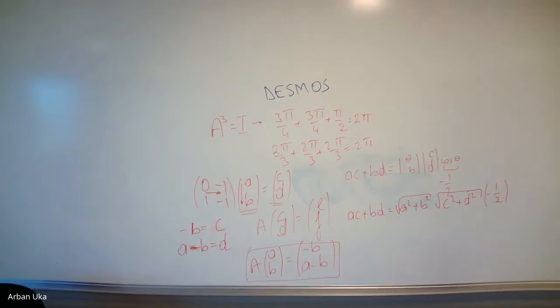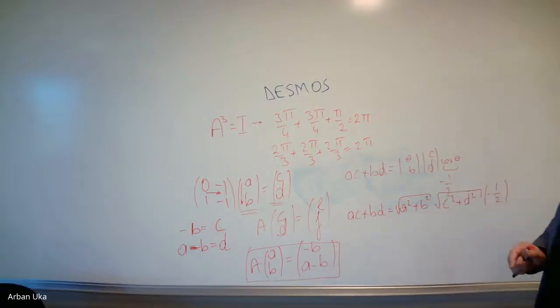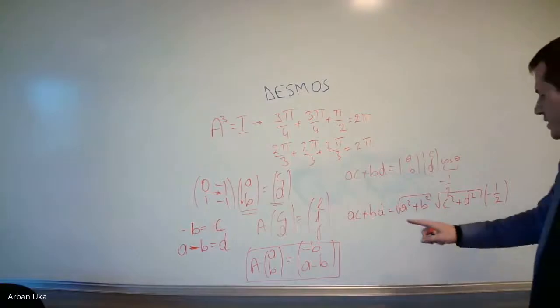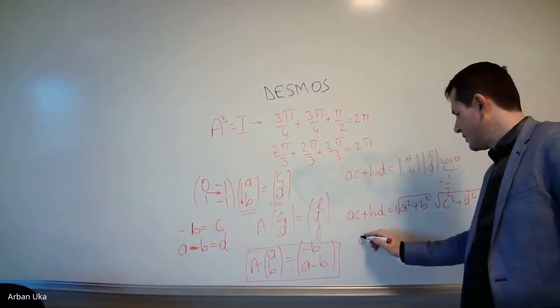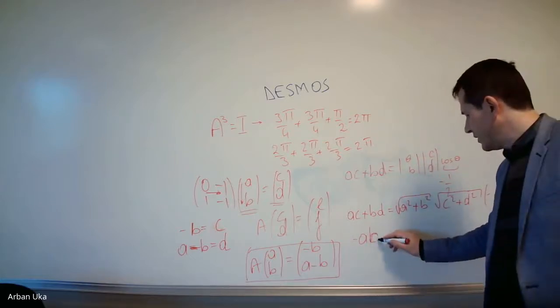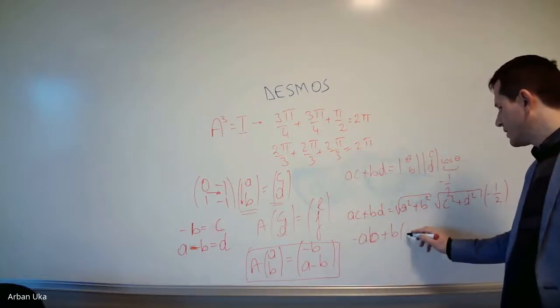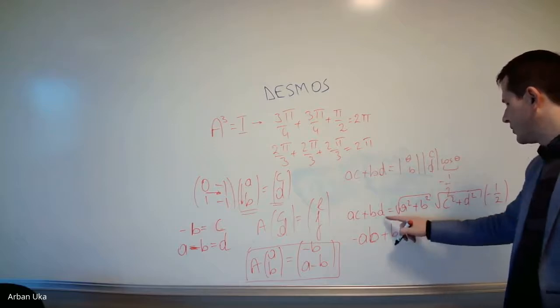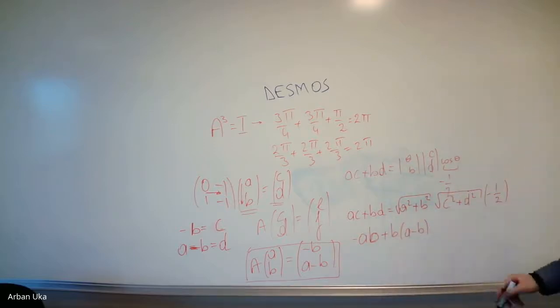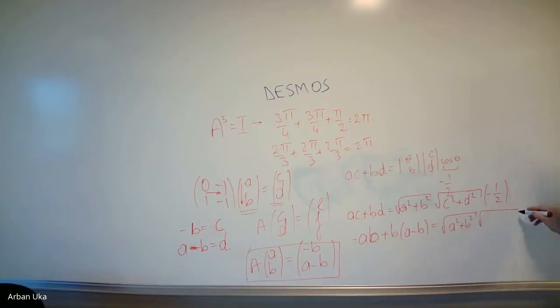But then here we can substitute for C and D, and we're going to have a single equation with two unknowns. So here we have A times C, which is minus AB, plus B times A minus B, because D we obtained from here. And this is equal to the square root of A squared plus B squared times the square root of C squared plus D squared.